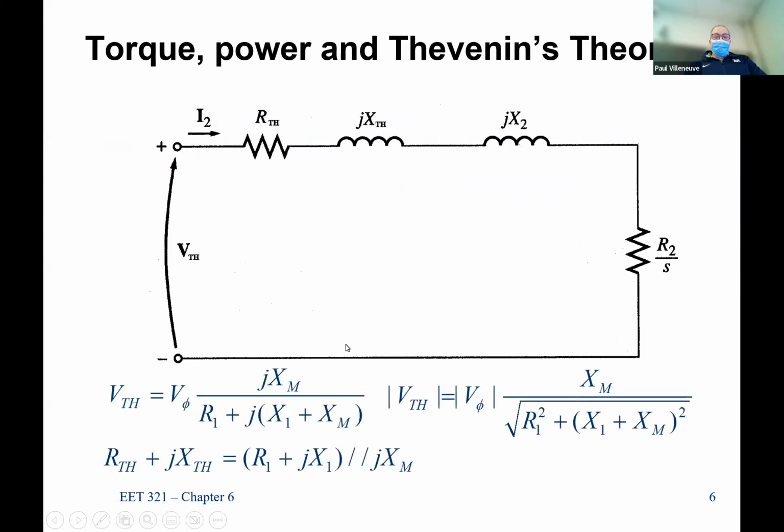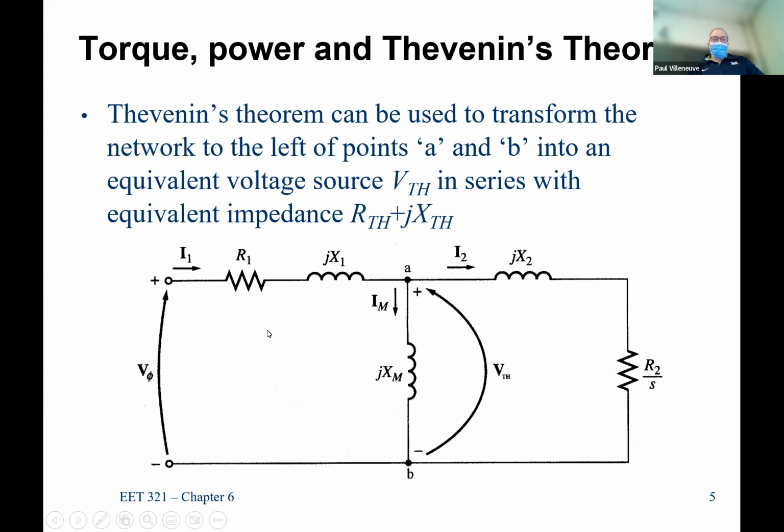So the voltage that I'm seeing here is that impedance voltage divider. So that impedance over the sum of the impedances times the applied voltage. So I've got an applied voltage here. I'm going to use voltage divider to solve for the voltage drop across that element. And it's these three elements here.